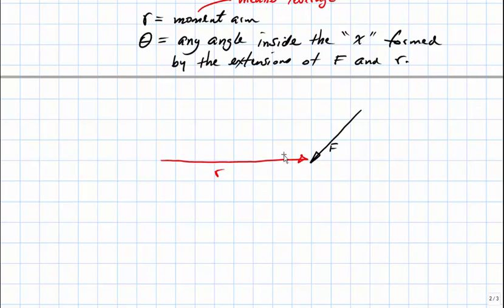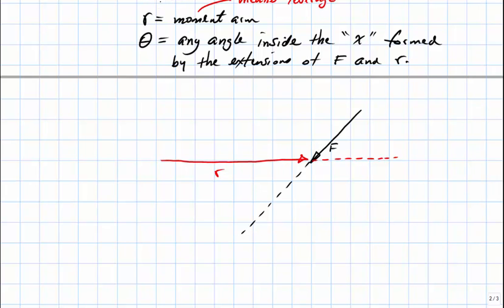Next, we will extend R and we will extend F using dotted lines. So here's the extension of F, and here is the extension of R. As you can see, we formed the letter X. And the angle that we've defined in the torque equation is any angle inside of this X.